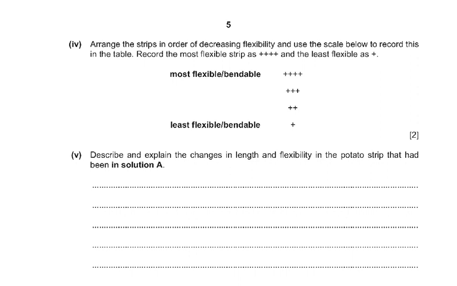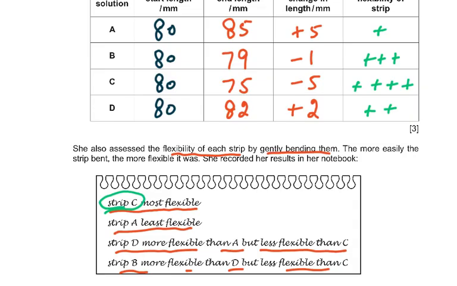Record the most flexible as four plus signs, and the least flexible as one plus. So this was 2 marks. You had to do this in the table, and I have done this here. C was the most flexible, so that would be 4 plus, and A was the least flexible, so that would be 1 plus.